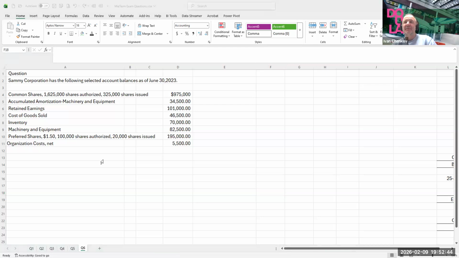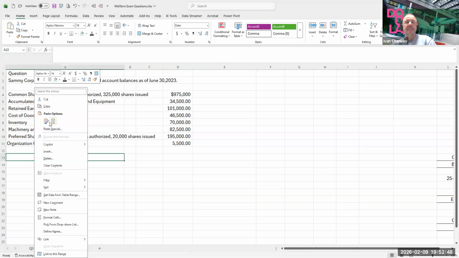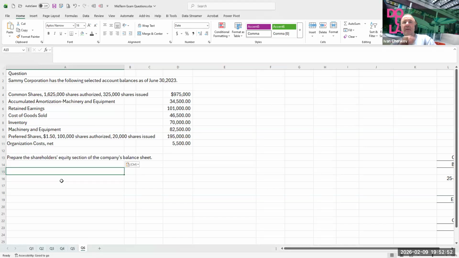So what we have to do, the question asks us to prepare the equity section of the company balance sheet. The good thing for you is the company name and the name of the statement will be given to you, so you don't have to worry about those.